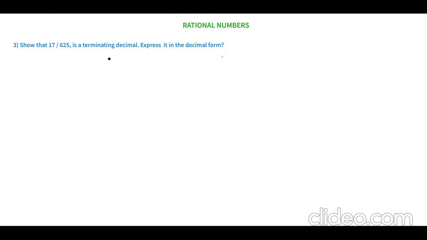So we have to see whether this is a terminating decimal, and we have to express this in decimal form. So now what is given to us? We have 17 by 625. So now when you see this, 625 can be written in the prime factorization as 5 power 4. How did we get 5 power 4? We can simplify this by the prime factorization method.